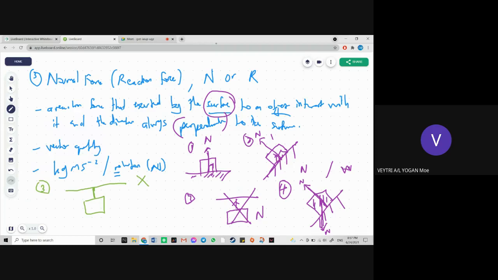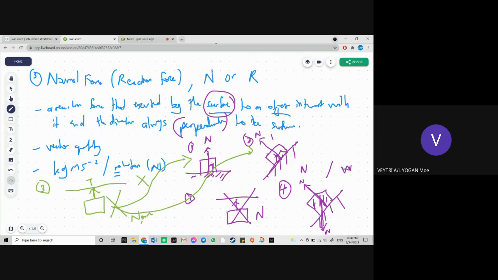Jadi, is it touching a surface? Which means objek tu perlu berada dalam situasi begini atau begini. Unfortunately, it's not touching any surface. It's basically on air. Dia di udara saja. But it's hanging. The moment that is happening, this thing is tension force and there will be no normal force.